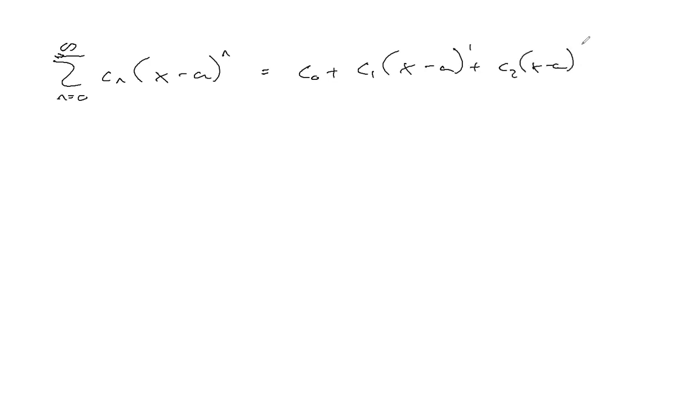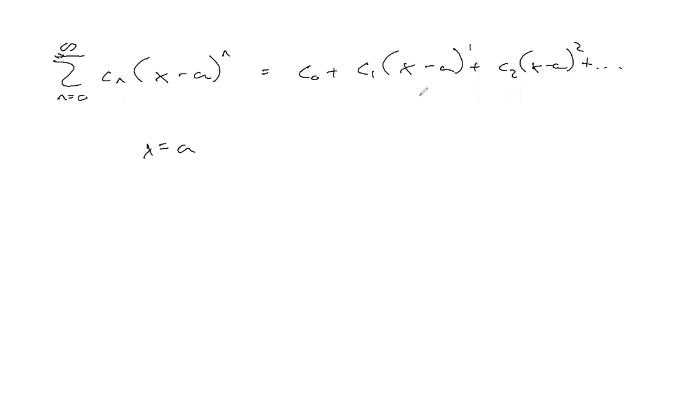So going back to our general form of a power series, okay, let's write out a couple terms. This is going to be equal to C0 plus C1 (x minus a) to the power 1 plus C2 (x minus a) squared plus blah, blah, blah. Okay, what happens if I plug in x equal to a? Meaning, what happens if I evaluate this power series at x equals a?